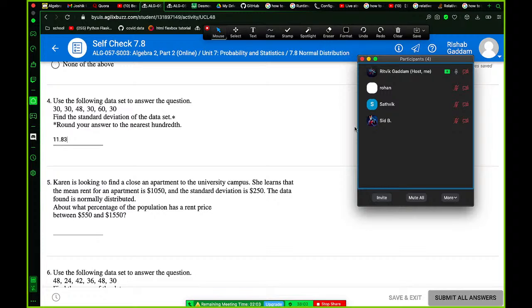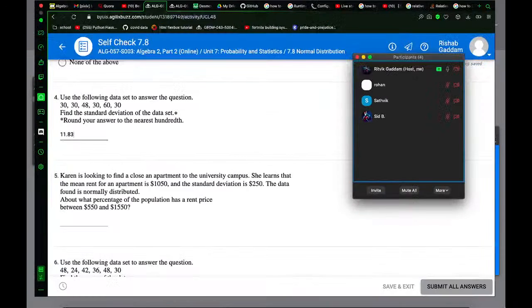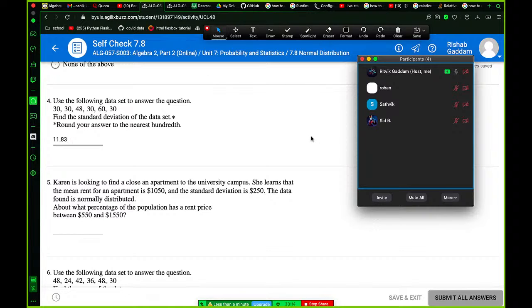If you want to do this one, raise your hand in the participants list. I'm not sure how to do it. Okay, so you just have to look back at this graph.